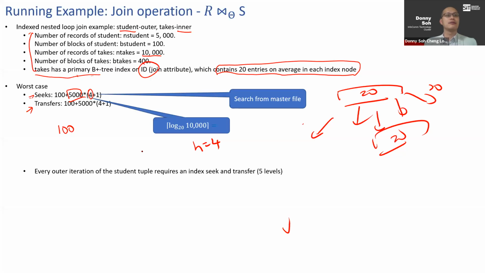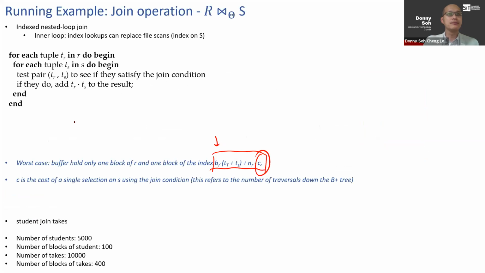So I have, wait, let me check this. I went through this just now only. C is the cost of selection. Okay.